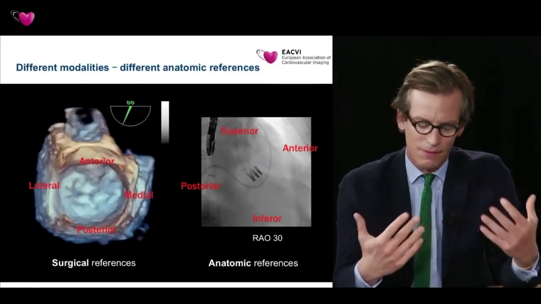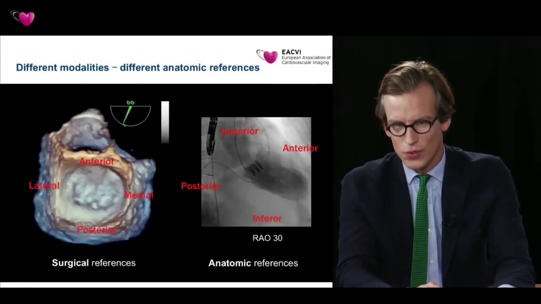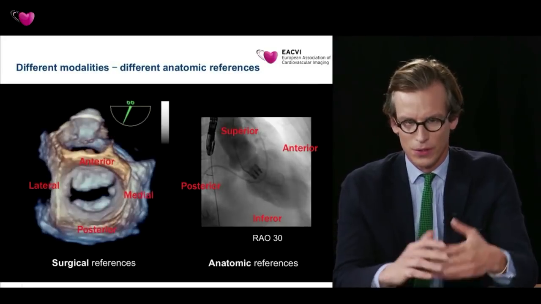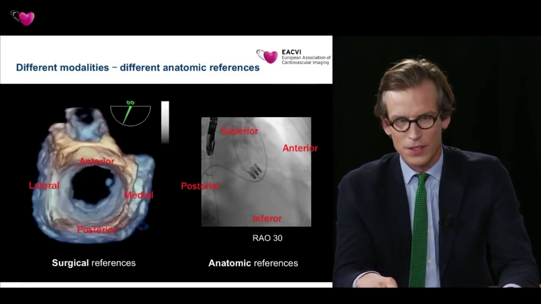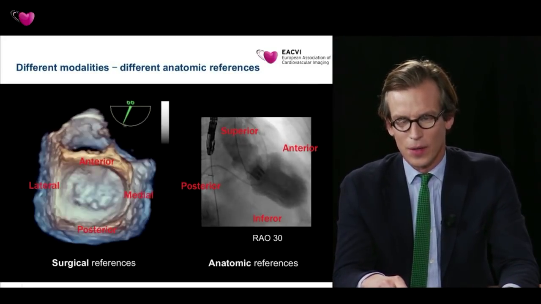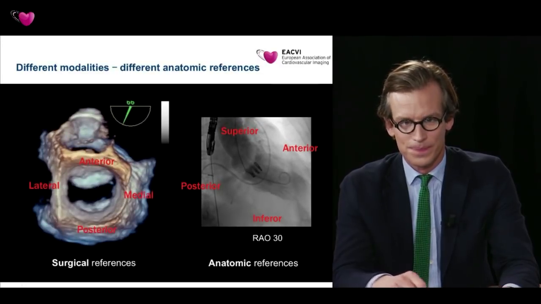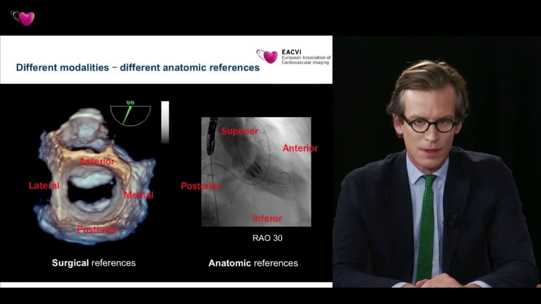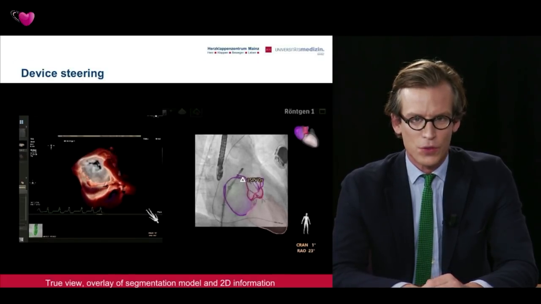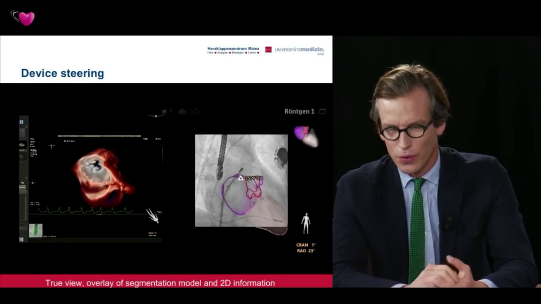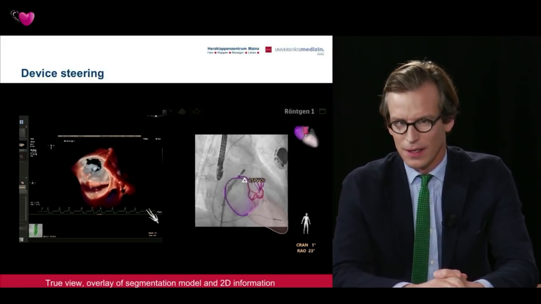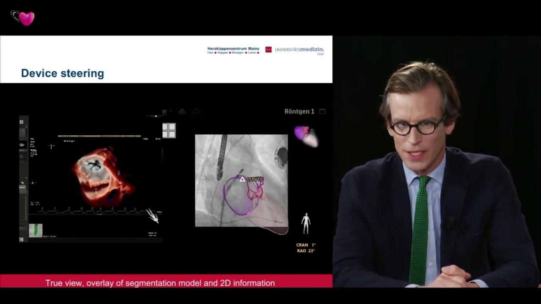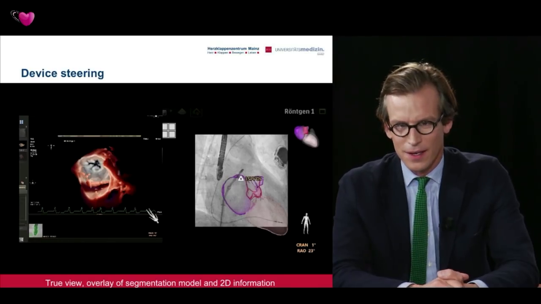So when you start to actively fuse those two worlds, you also realize there are different anatomical references for the two worlds. But to take you even further into fusion of echo and fluoro, I'm showing you this because it gives you an idea of how it improves device steering.